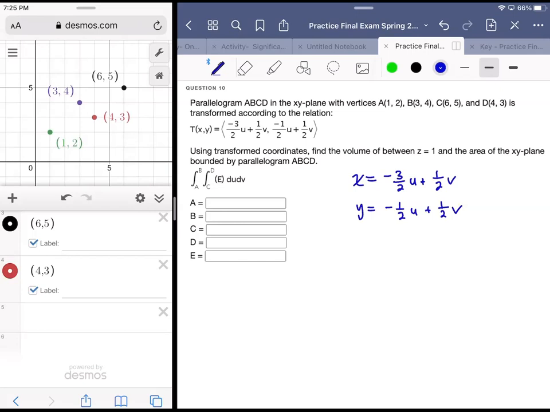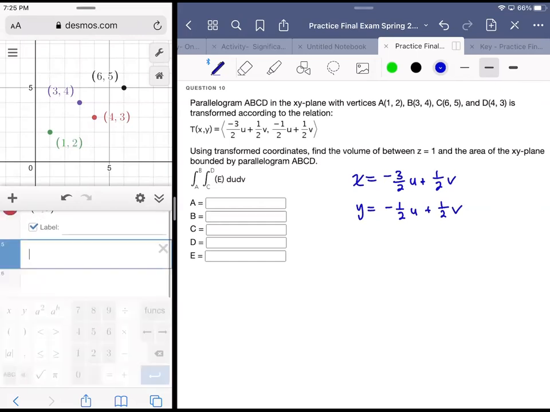All right. So from there, we could figure out partials and get the Jacobian, but the issue that we're going to run into here is that we need the bounds. All right. So, you know, we could do things simultaneously if we want, but we do need the bounds in order to be able to pull this off.